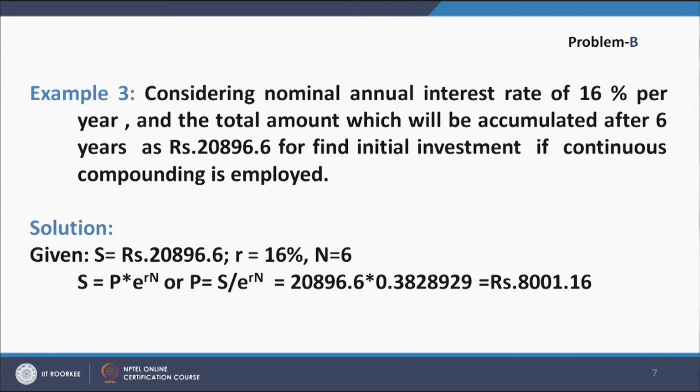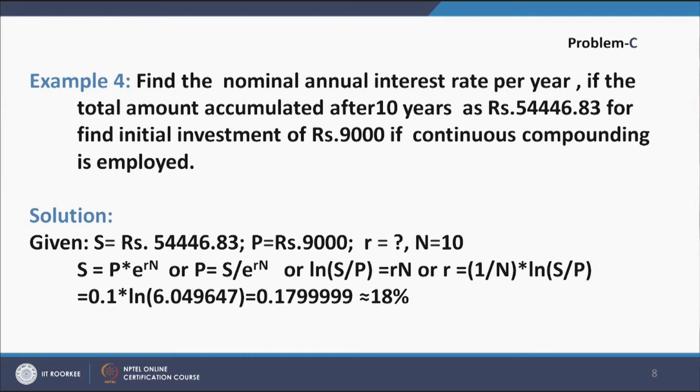So, the multiplication gives rupees 8001.16. That means, if I invest 8001.16 for 6 years with a nominal annual interest rate of 16%, it will give me 20,896.6 rupees. Now, problem C.